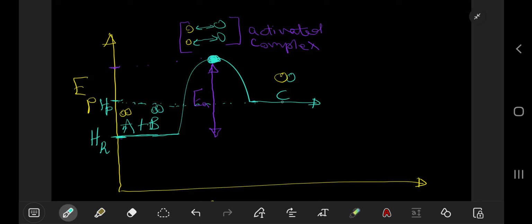So now this side you have products, but this side you have your reactants. So energy was absorbed, and then that is the activated complex, and then energy was released to form new bonds.